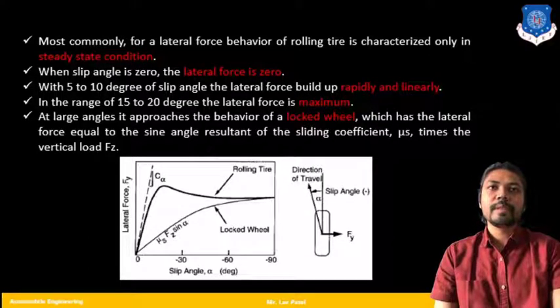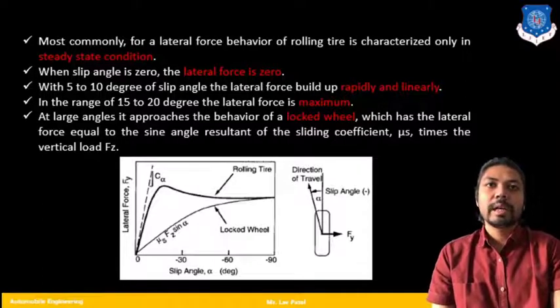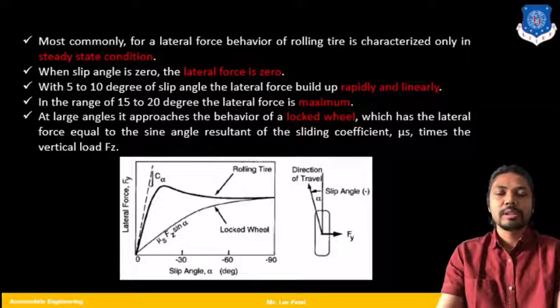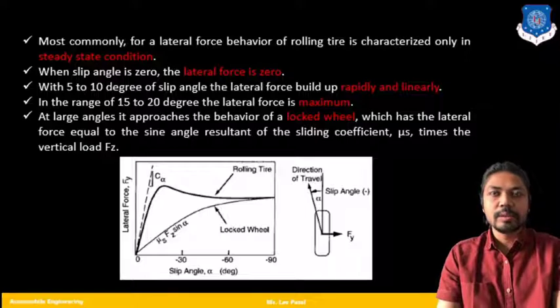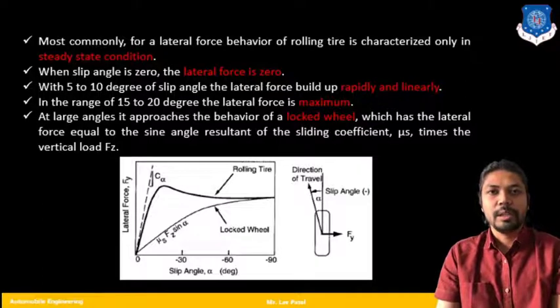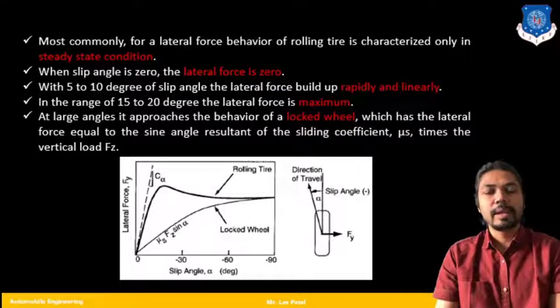So this is about the lateral force, and it directly or indirectly depends on the slip angle alpha, in degrees. We are talking about 5 to 10 degrees, that is rapidly and linearly high; 15 degrees and 20 degrees, that is maximum, and beyond that the tire is going to lock, and that locked wheel has a lateral force equal to the sliding coefficient, mu s, times the vertical load Fz.